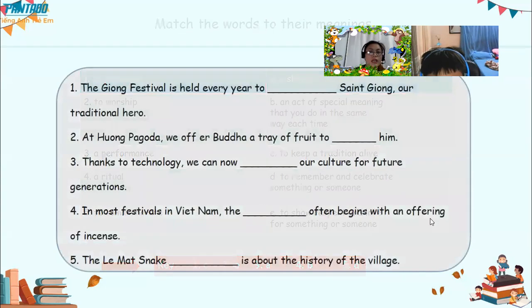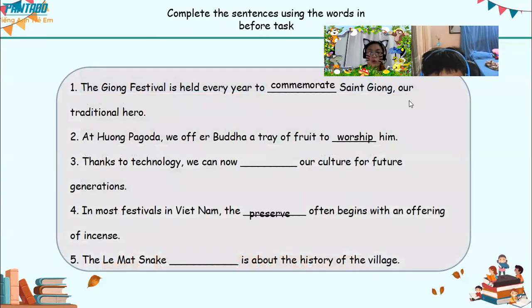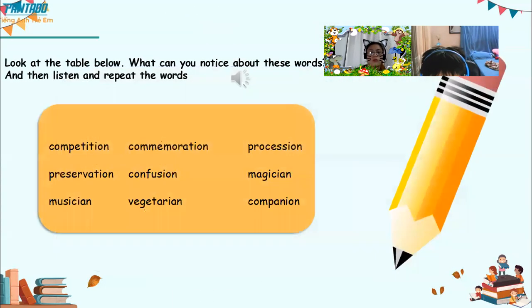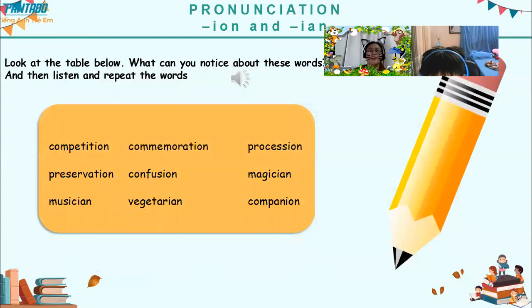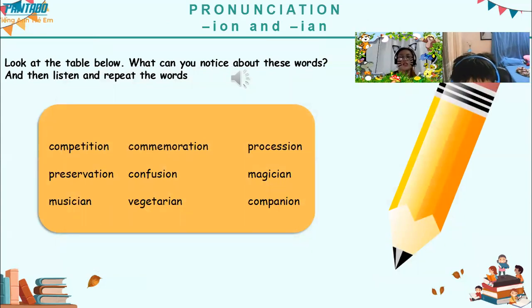Okay, let me see. Wow. So this is pronunciation of the words ION and IAN. Ion and what is this? Procession, magician.